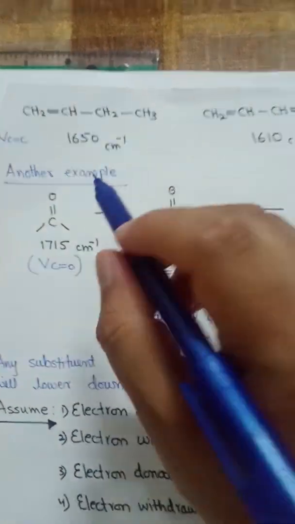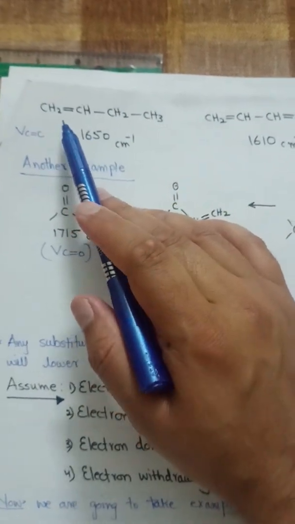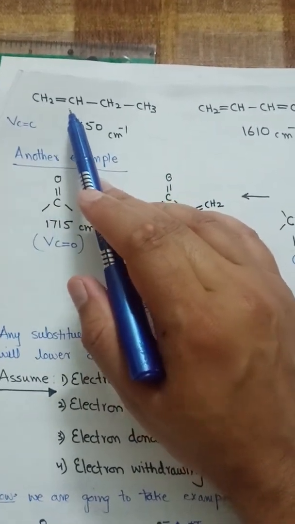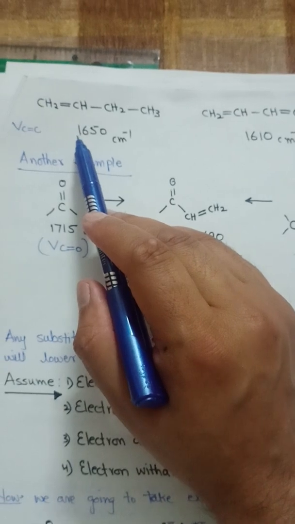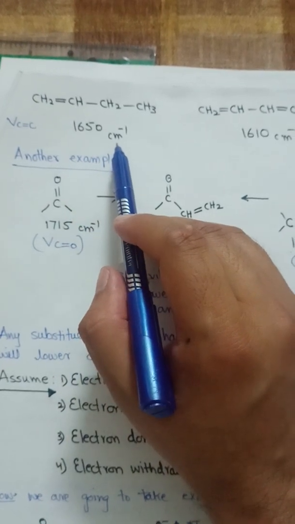Here we have another example, in alkenes. Here C double bond C stretching has maximum absorption frequency at 1650 per centimeter.